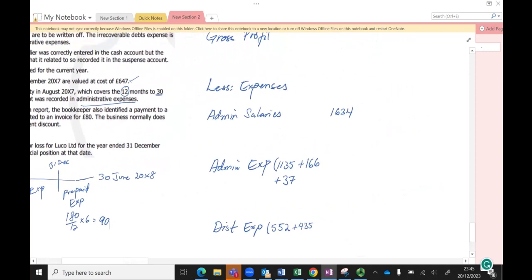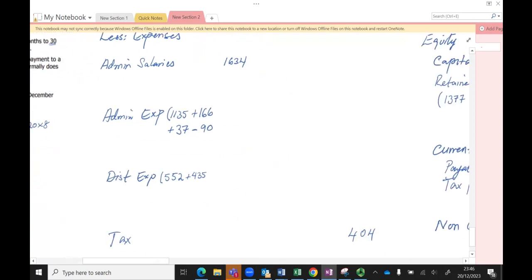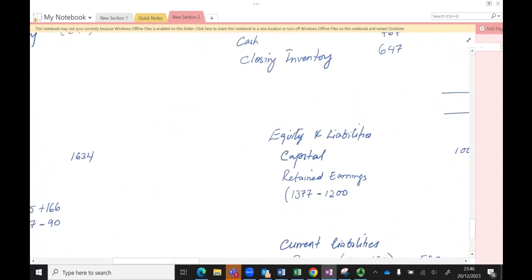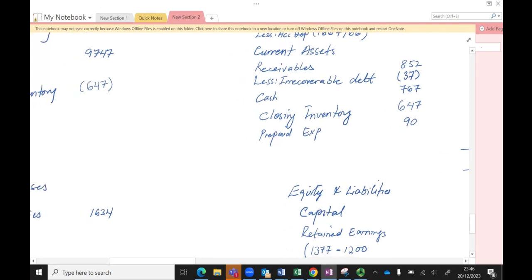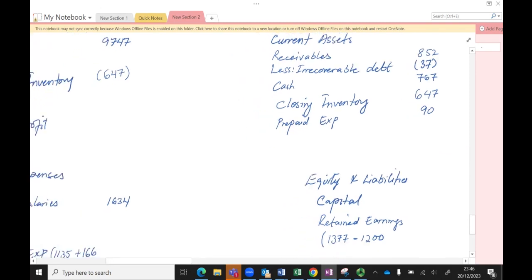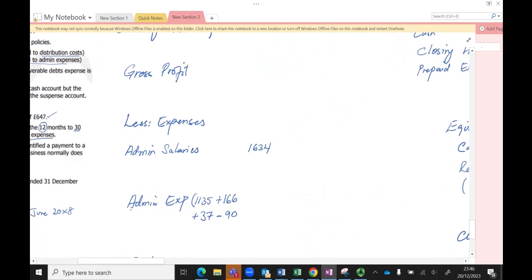So this 180 has been recorded in administration expense, therefore we need to subtract 90 out of it, and the other effect will be to record 90 as a prepaid expense, because the double entry will be prepaid expense debit and administration expenses credit, because we are subtracting £90 out of administration expenses.